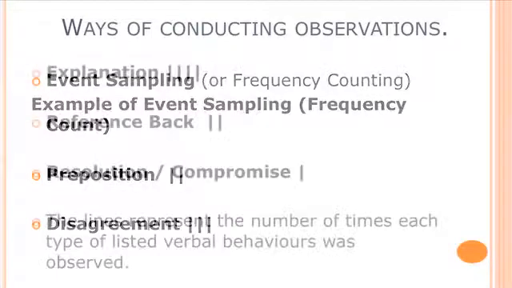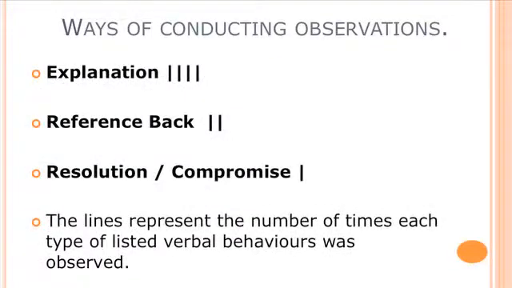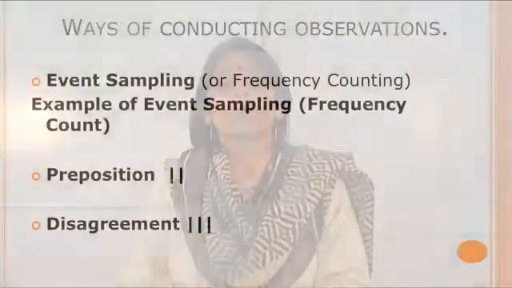If there is an explanation, I would put a tally. If there is a compromise or a resolution, I will put a tally. This will tell me the number of times there was preposition, disagreement, explanation, referring back, or resolution.